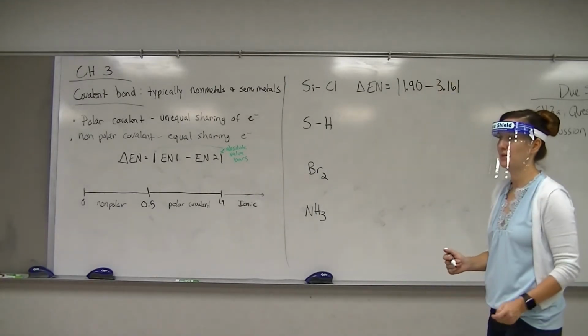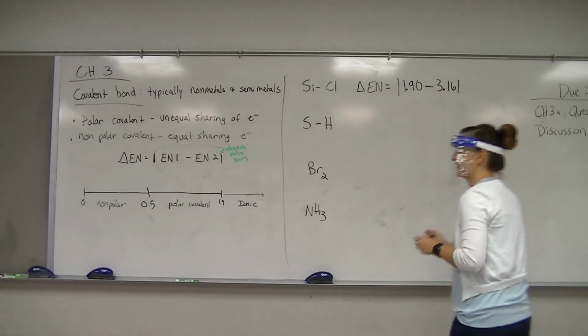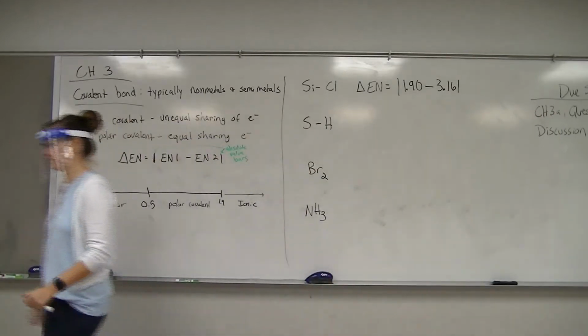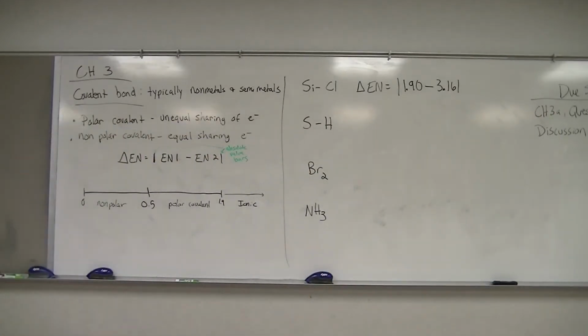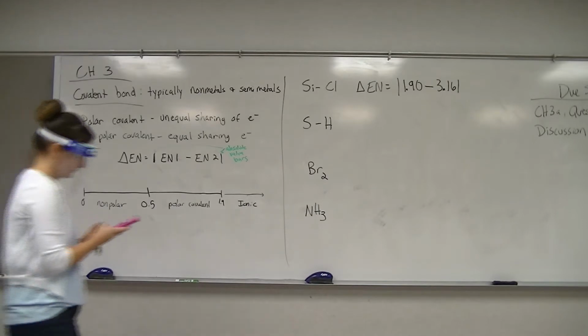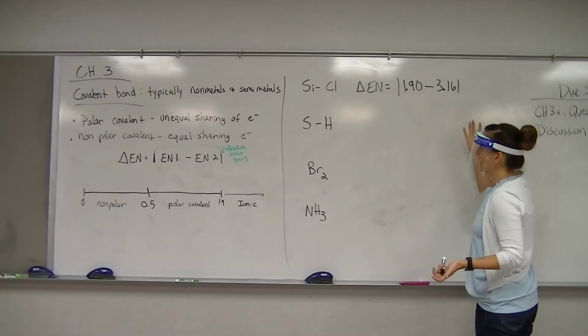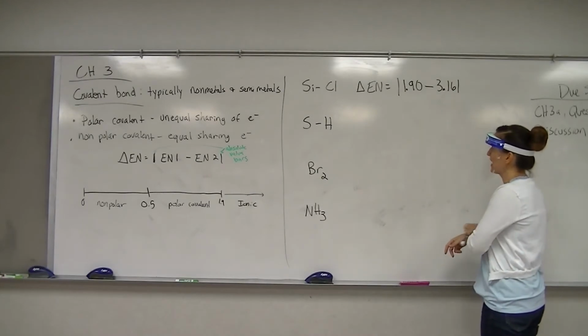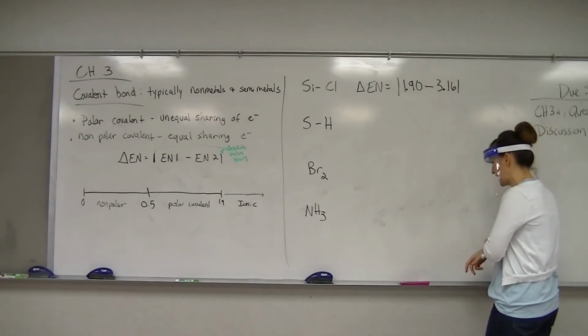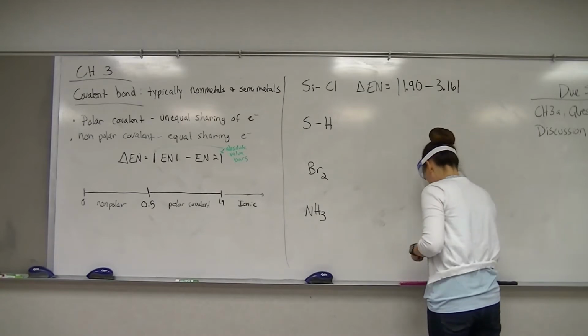Can you subtract those for me? Okay. Notice when I subtract these, I'm going to get a negative number, but since we have those absolute value bars, we just change that negative sign to a positive sign.